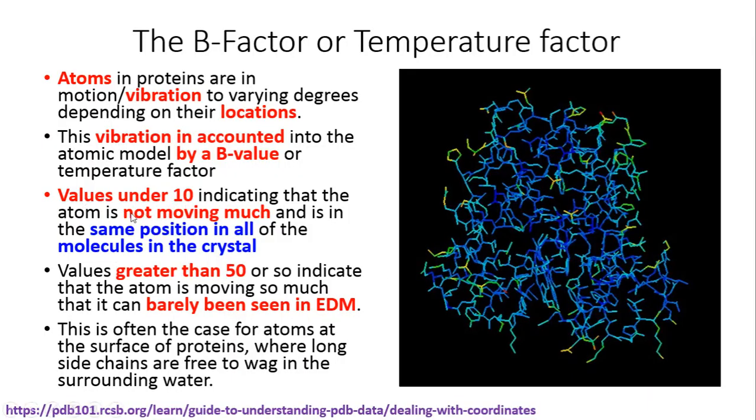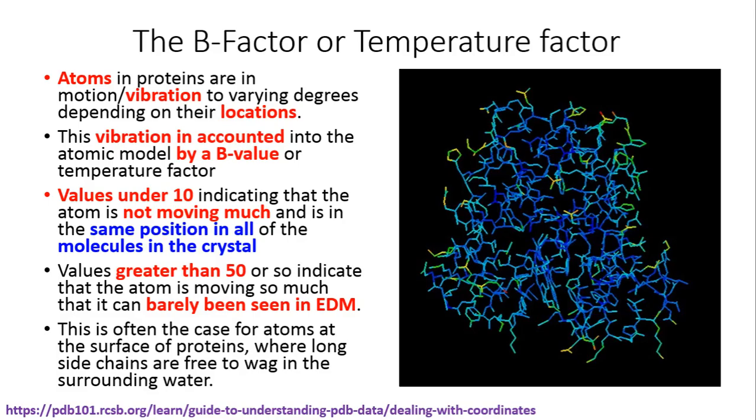Okay, if the value of your B factor is under 10, that would indicate that the atom is not moving much. Okay, and if the value is greater than 50, that would indicate the atom is moving so fast that it can be barely seen in the electron density map. Okay, it is very difficult for that atom to be located.